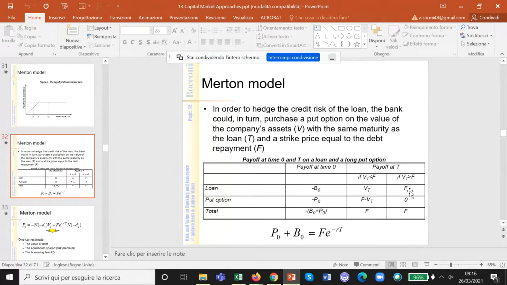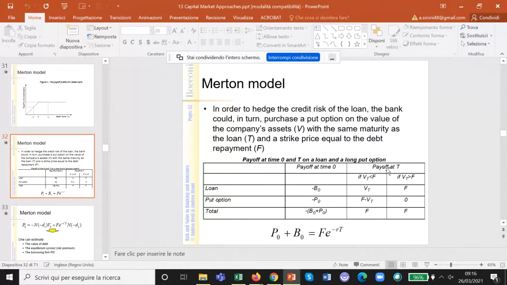In this case, the bond investors get back the face value of debt, F. However, if the value of the assets is lower than the value of debt, then the company defaults and the lenders get back only the value of the assets, which is lower. So that's the cash outflow at time 0, and those are the payoffs at maturity, depending on whether the company is still alive or actually defaulted.